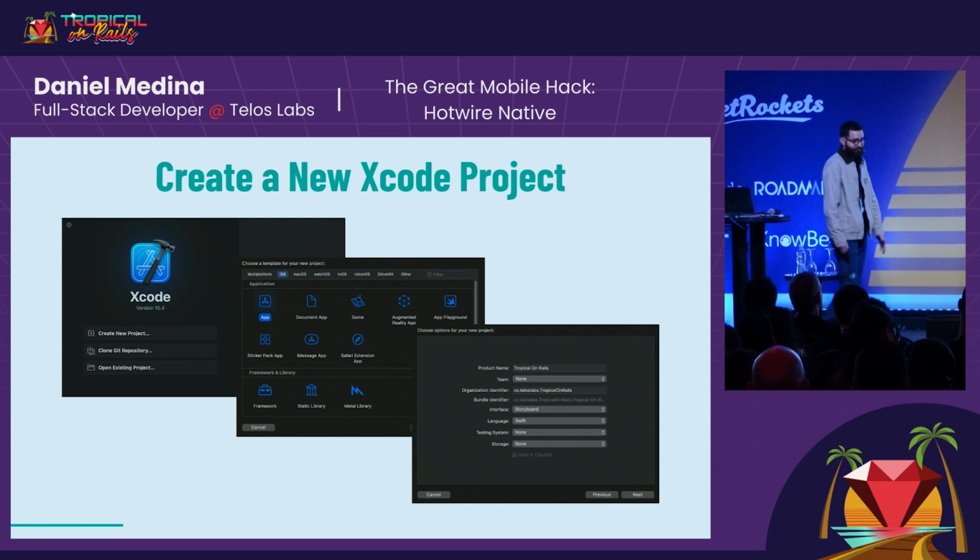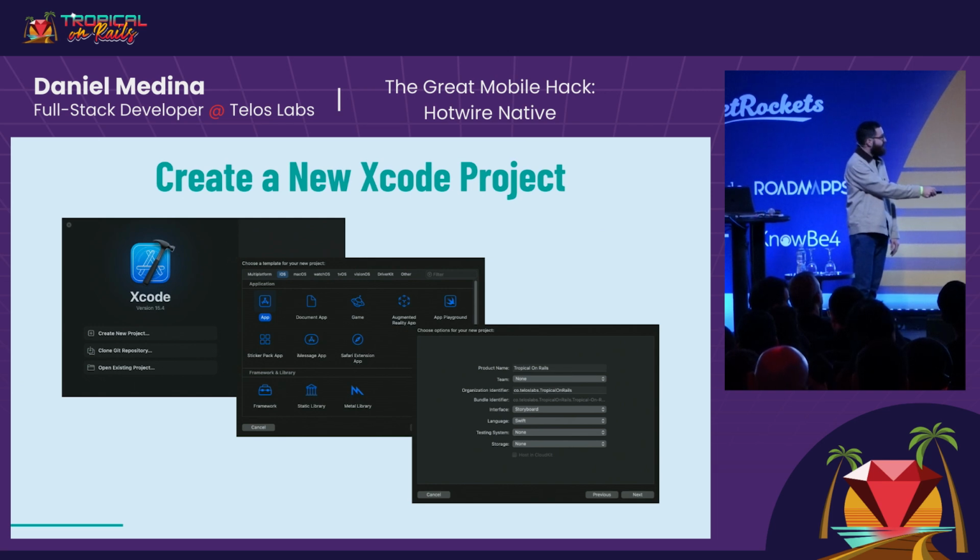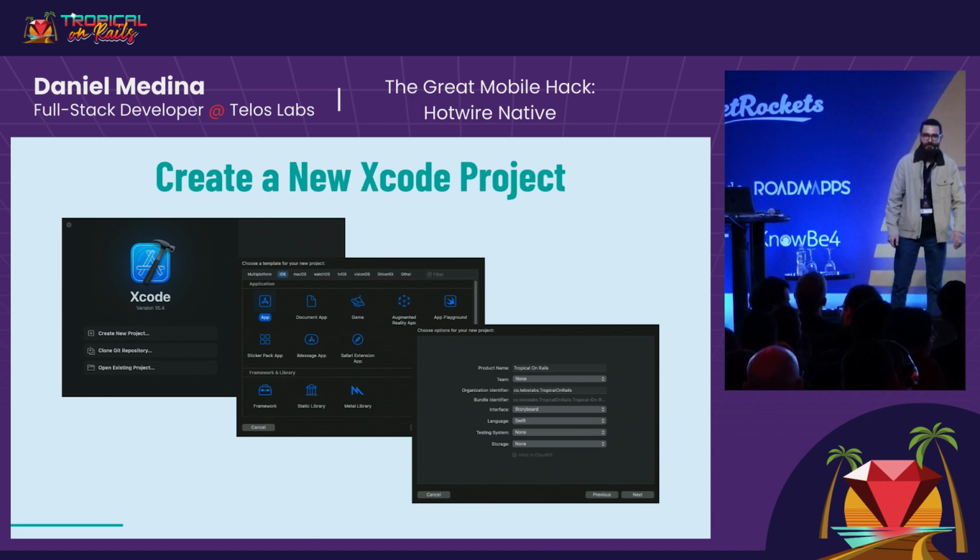The first thing you have to do is go to Xcode and create a new project. Oh, it's not showing the pointer. You basically create a new project, create an app, and it's very important to set up the interface as a storyboard. Nothing too complicated for the moment.